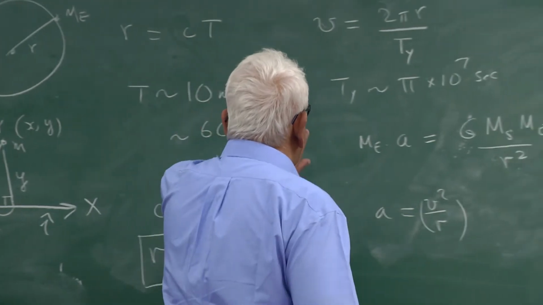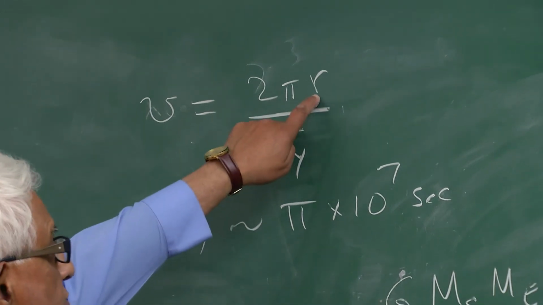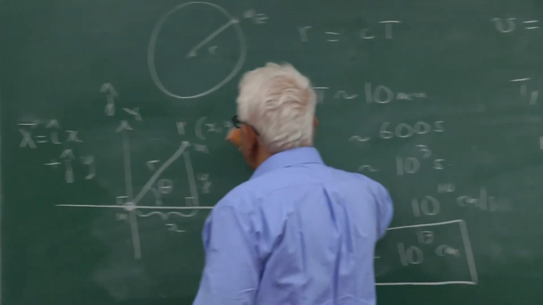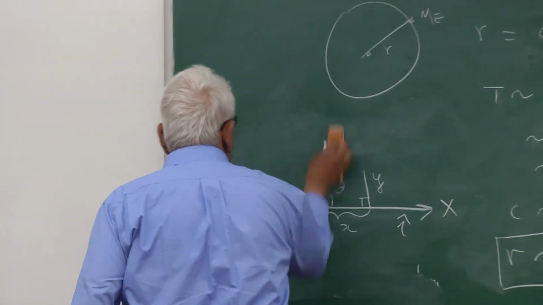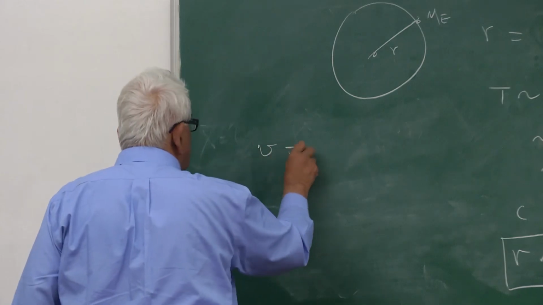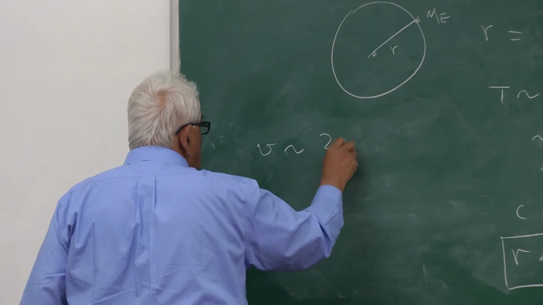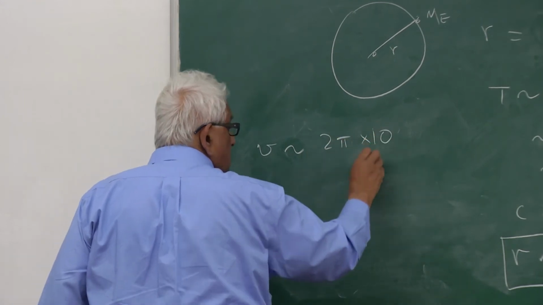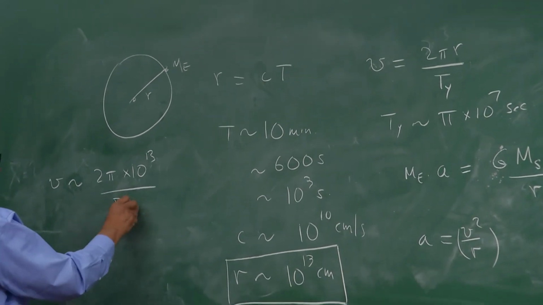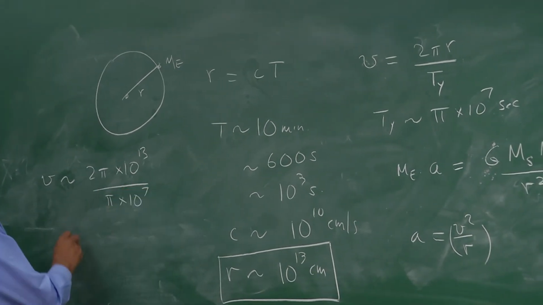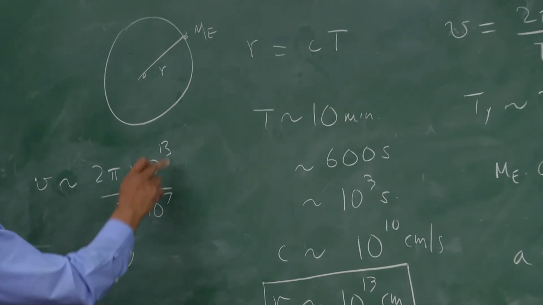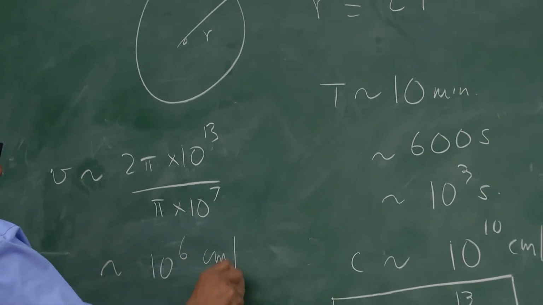I have just found r, so we can immediately work out V. V is then 2 pi times 10 to the power of 13 divided by pi times 10 to the power of 7, which is roughly, ignoring the factors, 10 to the power of 6 centimeters per second.